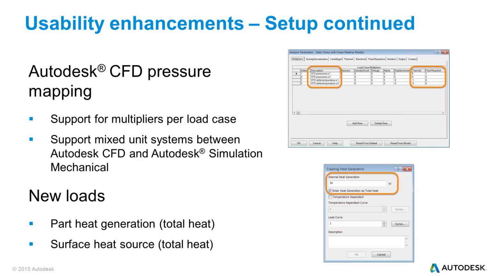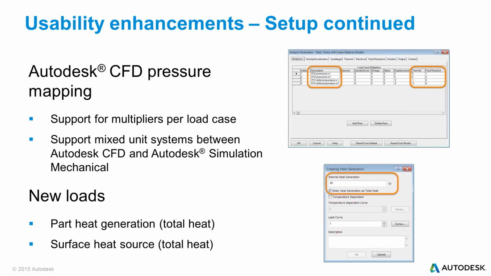All right, so what we did in this release is we also added a fluid reactions column to the load case multipliers table in the analysis parameters for a linear static stress analysis. You can now apply a reaction force from Autodesk CFD analyses as a load in the multipliers table, and you can vary that by the multiplier per load case.